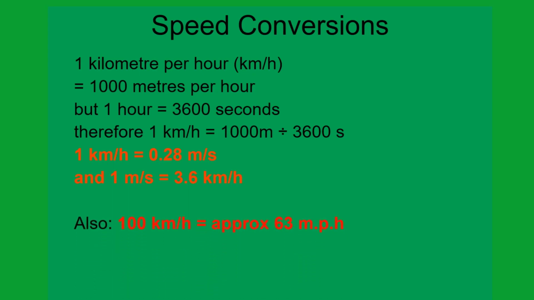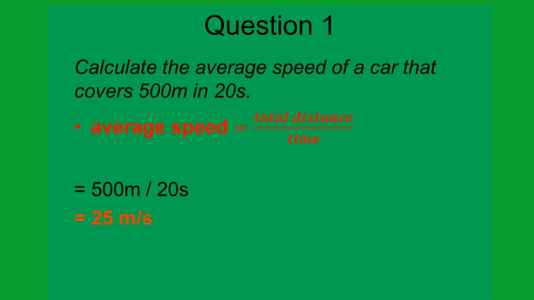Also, sometimes you have to convert kilometer per hour into mile per hour. So 100 kilometer per hour approximately 63 mile per hour.